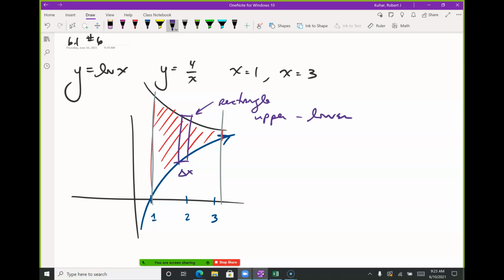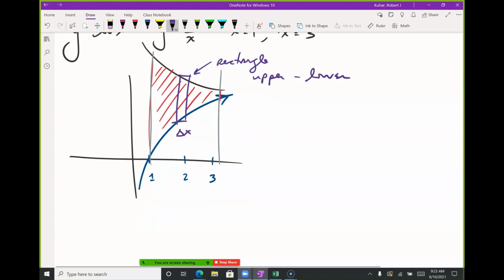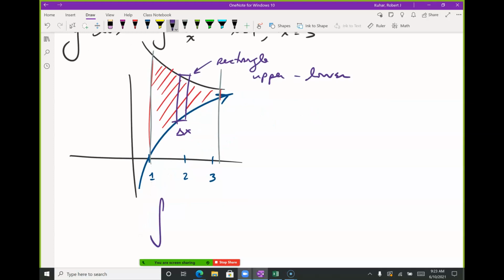So the width of the rectangle, the base of the rectangle, is parallel to the axis of the independent variable. So I'm differentiating in terms of x. So I'm doing the integral. How is this so far? Is it making any sense? It's not difficult, I don't think. I'm trying to be as clear as I can.